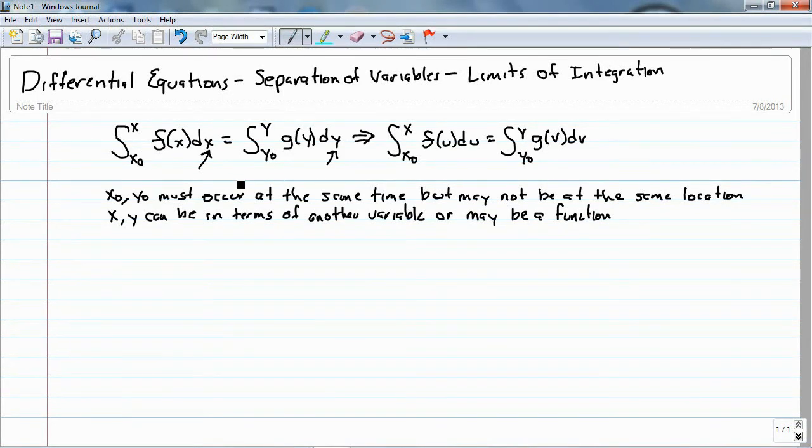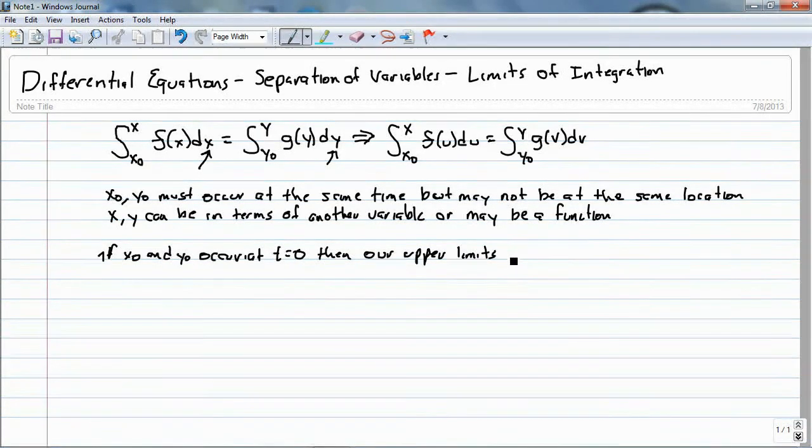If x0, our initial x, and y0 occur at t equals 0, then our upper limits can be functions of time.